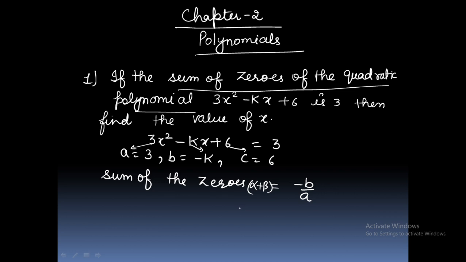Here we will write minus b is k, and a is equal to 3, and it will be equal to 3. After this, 3 multiply 3 is equal to 9, so k is equal to 9. This is your answer.